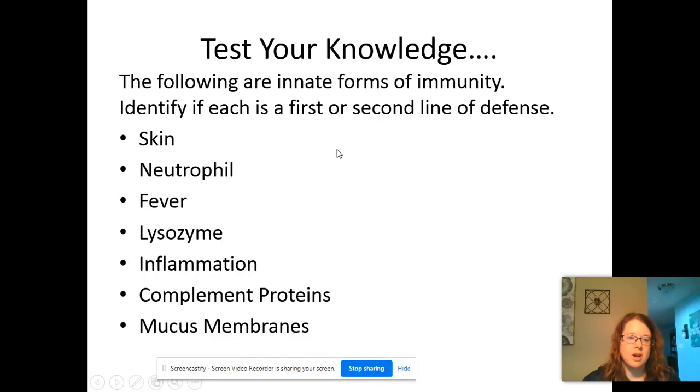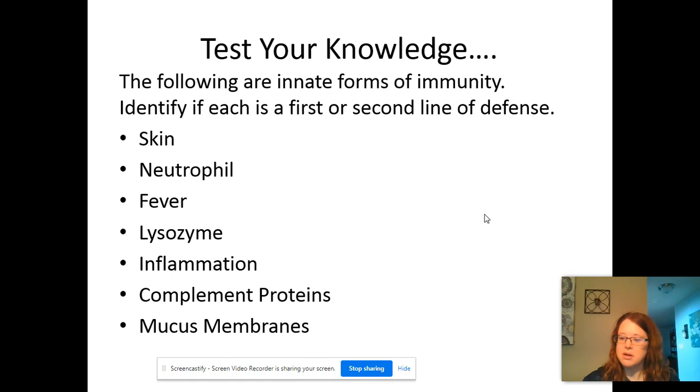Okay. All right, the following are innate forms of immunity. Identify if each is a first or second line. Remember, we talked about the 3 lines of defense. You had the innate immunity, which focused on the first and second, and then your acquired immunity is going to be the 3rd line of defense. So all the ones we talked about with these set of notes were first or second line.